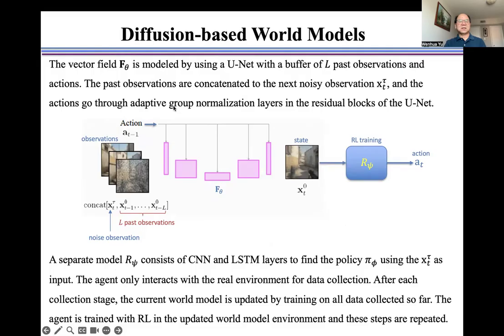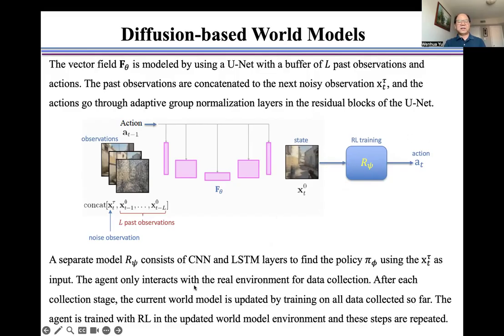The actions go through the adaptive group normalization layers in the residual blocks of the U-Net as shown here. A separate model R_psi consists of CNN and LSTM layers to find the policy pi_phi using x_t^tau as input, as shown here.